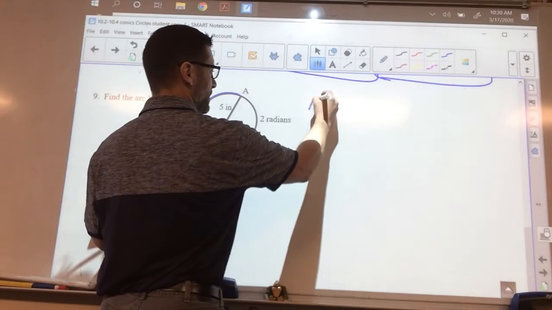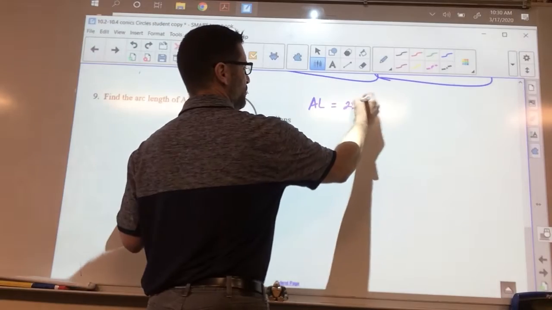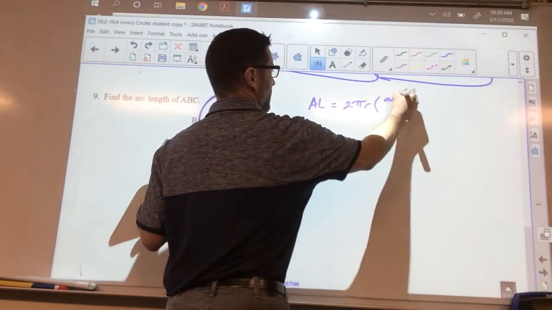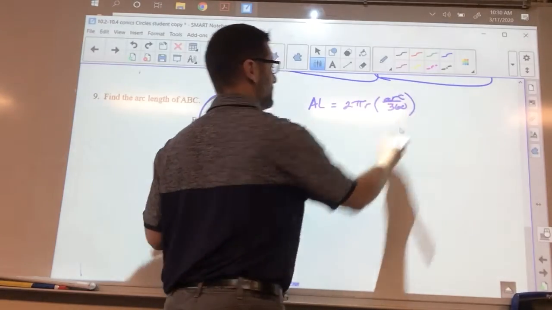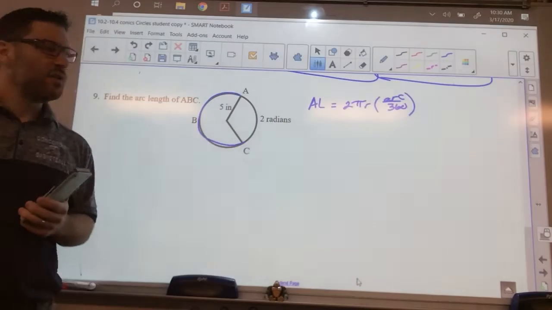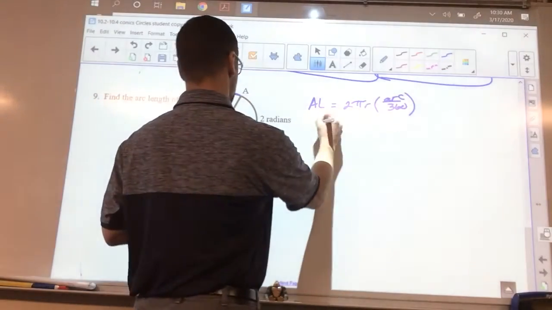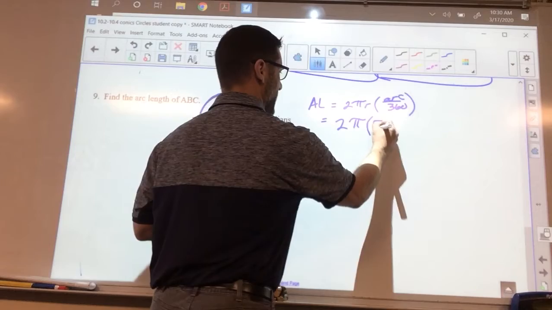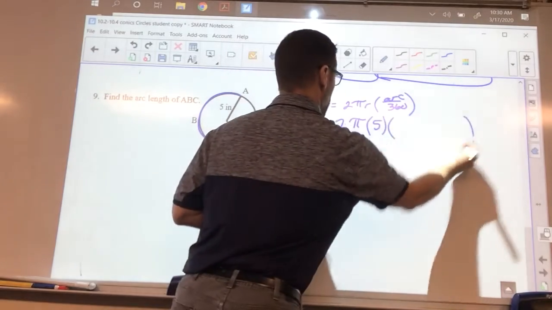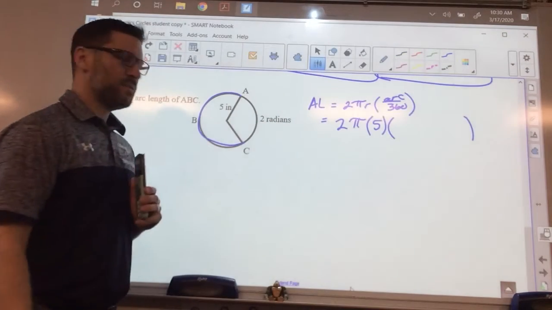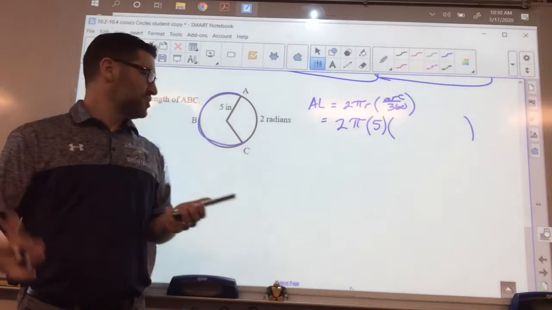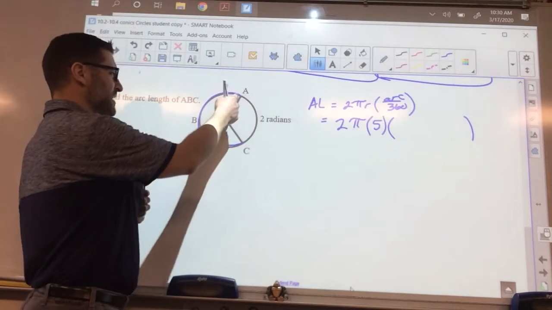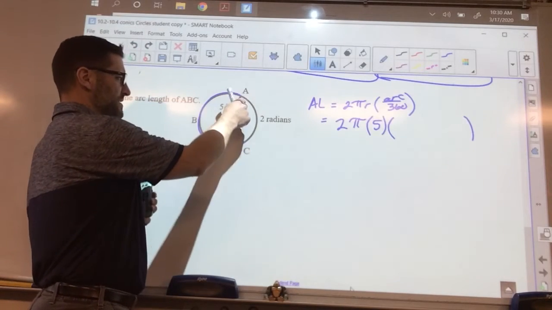So arc length is 2 pi r times the arc over 360. I'm going to take 2 times the pi value, and the radius is 5. But I have to know the arc over 360, and maybe I'll adjust that, because really, how much of the circle is here?